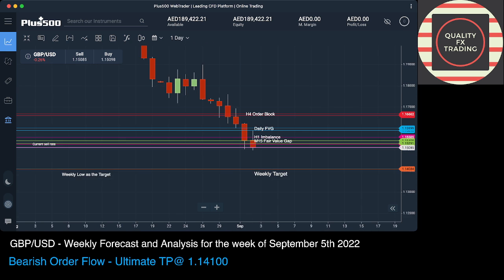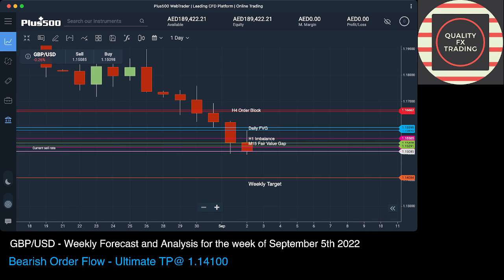So the first scenario, we can see the price can push to the upside a little bit as a correction, and then go to the downside to break the weekly low, and after that it can go further to the downside, or it can show some kind of reaction at this price level, which can be interpreted as a bullish setup.